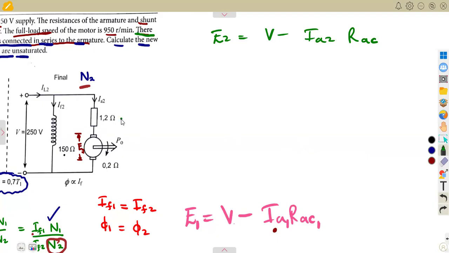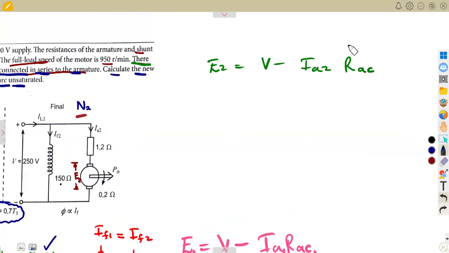There is a 1.2, an additional resistor, and the 0.2. So our Ra in this case is going to be this additional resistor, we can just call it Rx, plus the armature resistance of 0.2, which is fine.